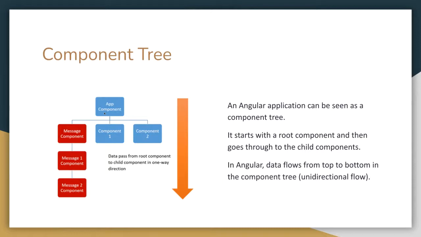Data always passes from the root component to the child components, from the app component to its message component and then to another message component. It always flows from the parent to the child, not vice versa. Data cannot flow from child to parent. So this is also called unidirectional flow.